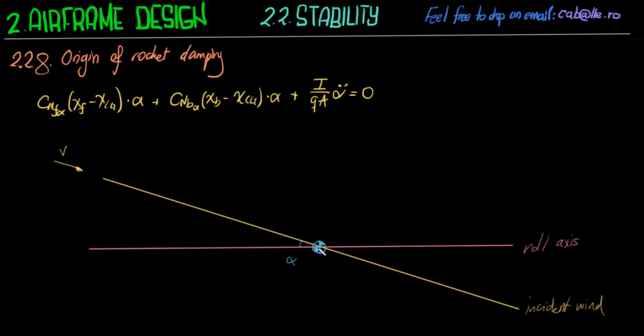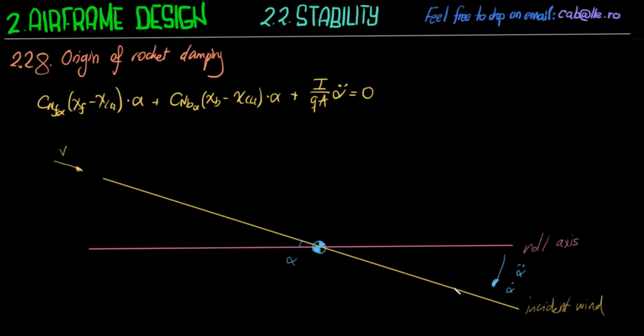So what's the rocket going to do if it's at a certain angle with the incident wind? Well, it's going to stabilize. The roll axis is going to try to align with the incident wind axis. Doing that, it's going to induce a certain angular acceleration and an angular velocity.